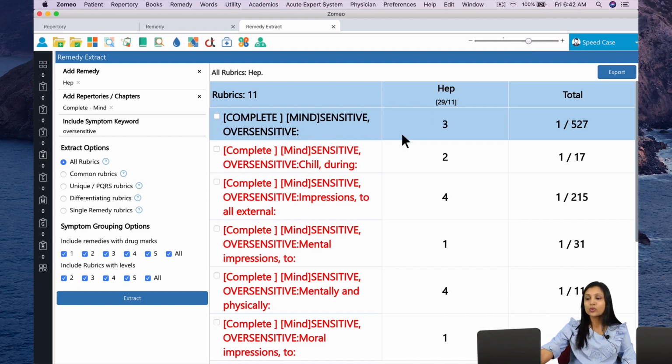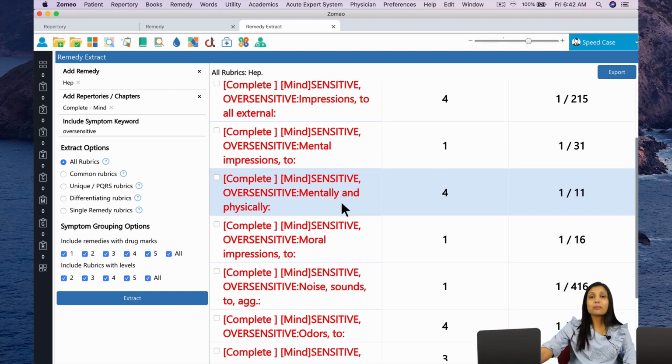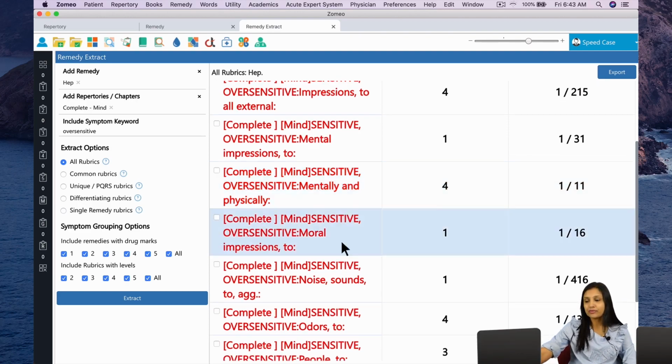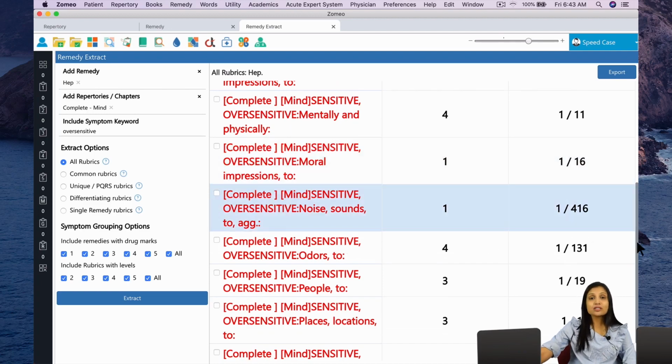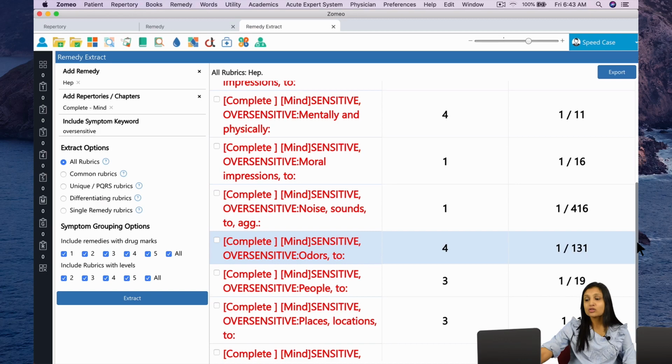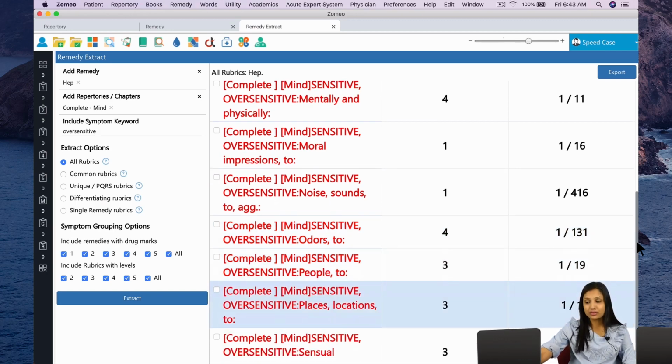So, oversensitive during chill, oversensitive to all external impressions, where Hepar Sulph occupies grade 4. Oversensitive to mental impressions, oversensitive mentally and physically, oversensitive to moral impressions, to noise, sounds, etc., to odors, to people, to locations, and sensual oversensitiveness.